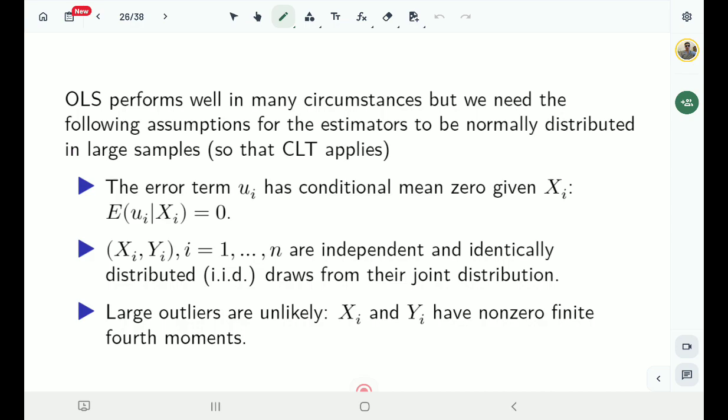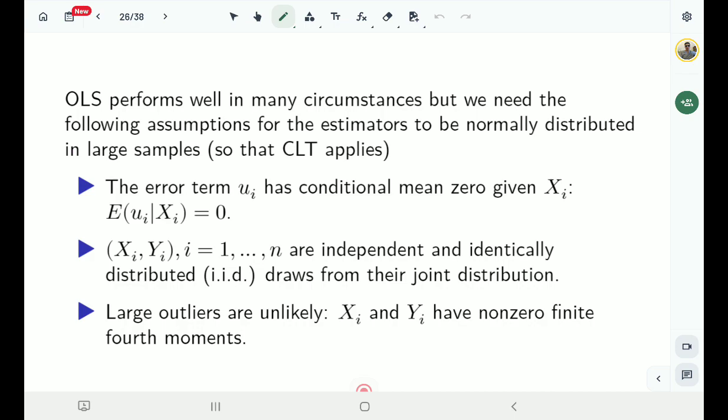In class we talked about unbiasedness and consistency. Now probably we have to close that topic by talking about the asymptotic distribution of the OLS estimators, under which conditions we can apply the central limit theorem.